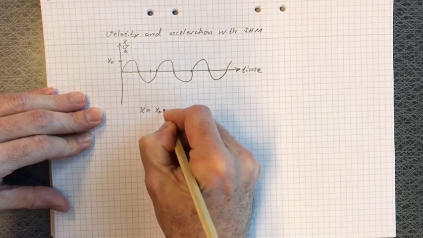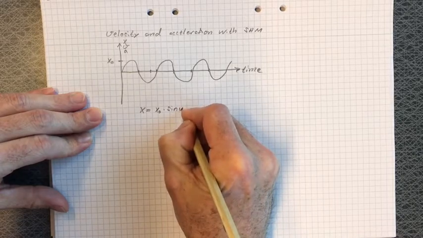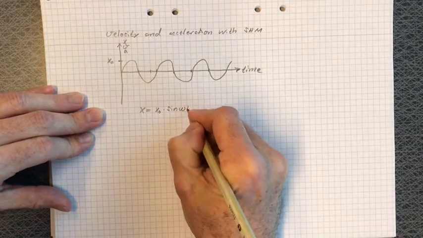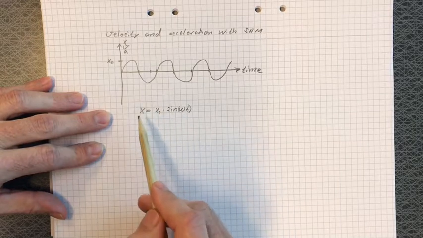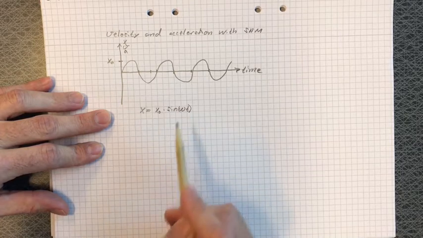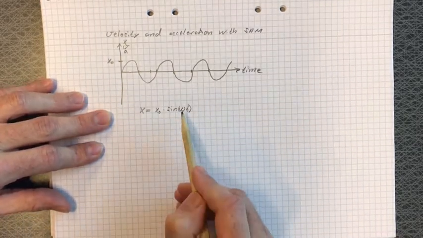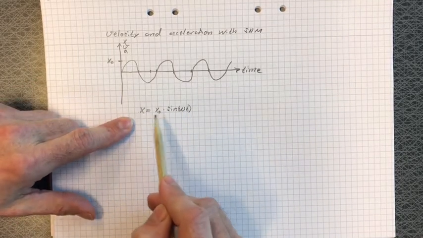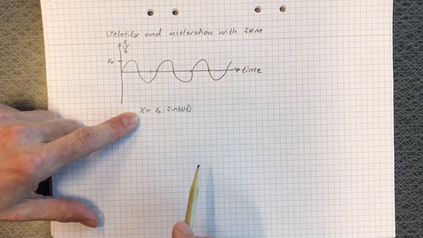So x0 times sine of the angular frequency multiplied with the time. You have seen it before. The displacement depends on the amplitude times the sine of the angular frequency times the time. And this is a constant and this is a constant. So the displacement depends only on the time in this case.